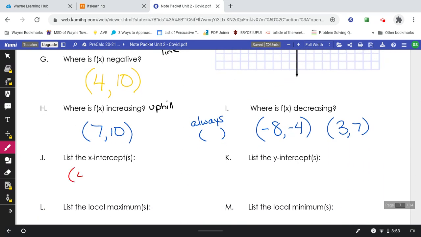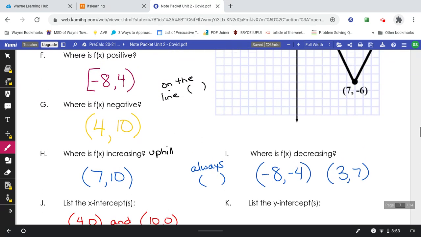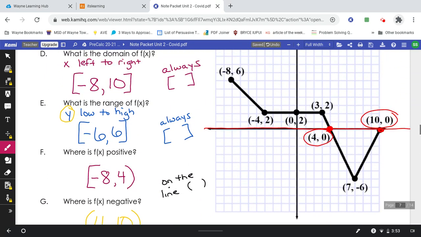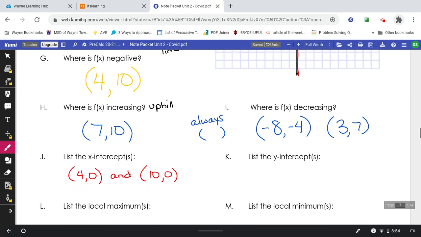You would say (4, 0), and (10, 0). Now the y-intercepts. Anywhere where it crosses this line here down the middle. I only see one place at (0, 2). And again, you just write down the full name of that point, (0, 2).